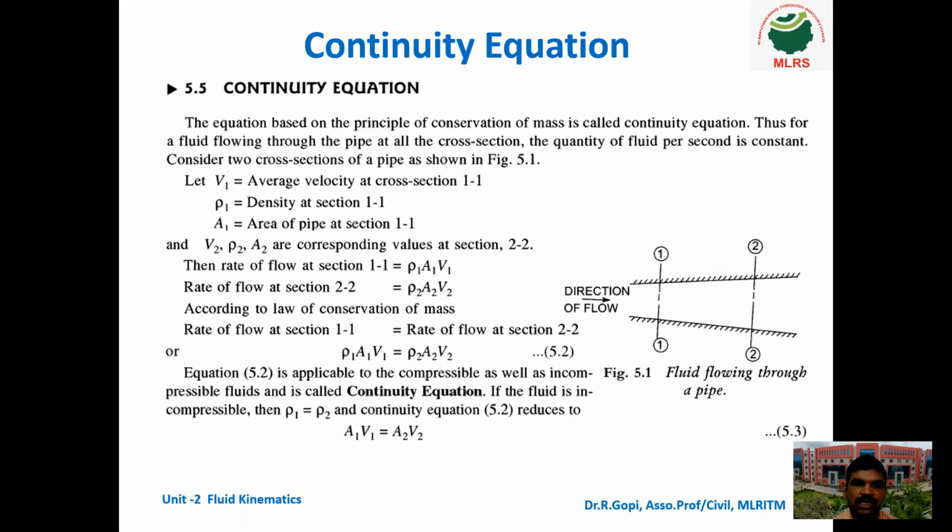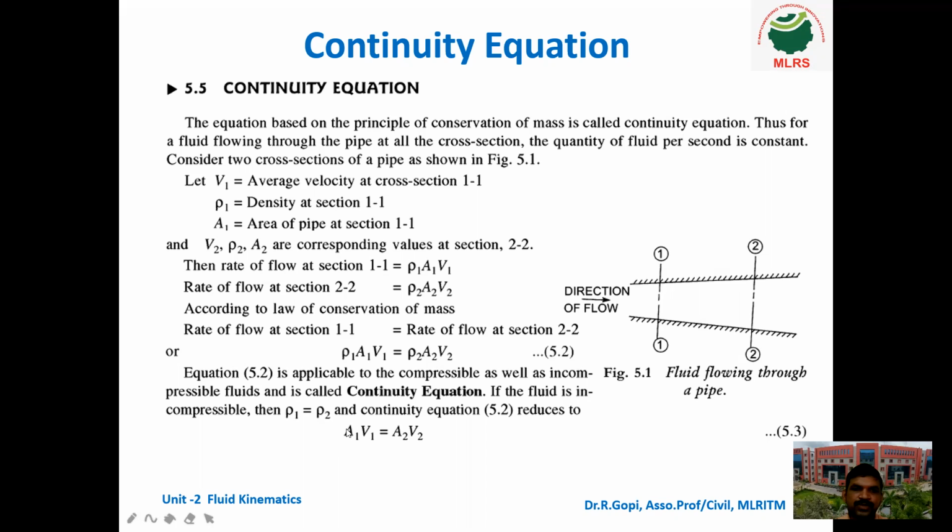So what is meant by a1 v1? A1 is the area of the section 1. Here in this pipe, this is section 1 and this is section 2. So a1 is the area of section 1, v1 is the velocity at section 1, a2 is the area of section 2 and v2 is the velocity at section 2. Here a1 v1 is nothing but the discharge.